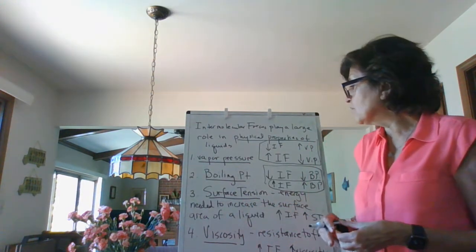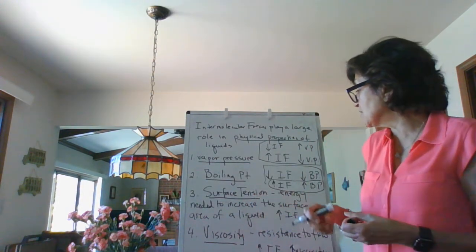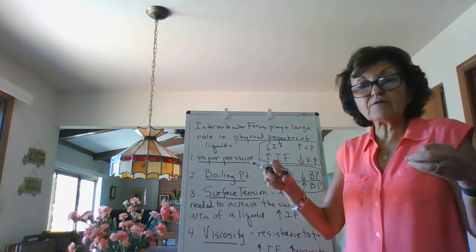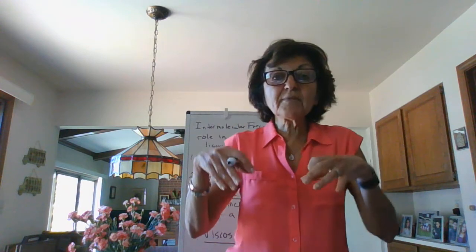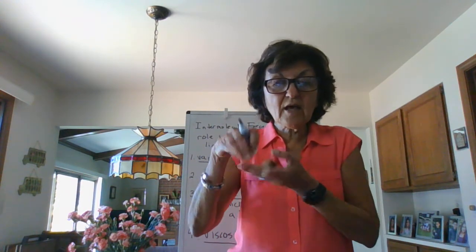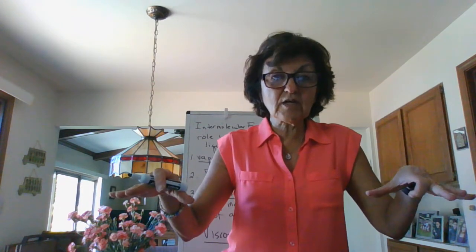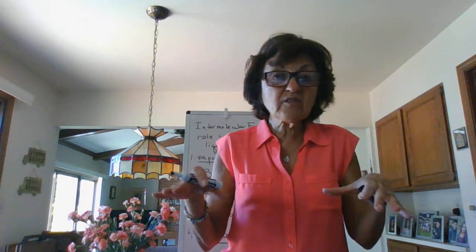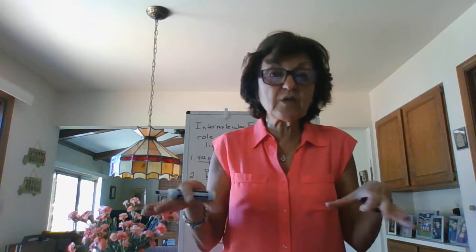Surface tension. The word surface tension, this is basically the energy needed to increase the surface area of a liquid. You know how when you drop liquid on the table, some liquids just stay as a little droplet and others just spread very easily? The ones that spread very easily have a very low surface tension. They spread really easily.